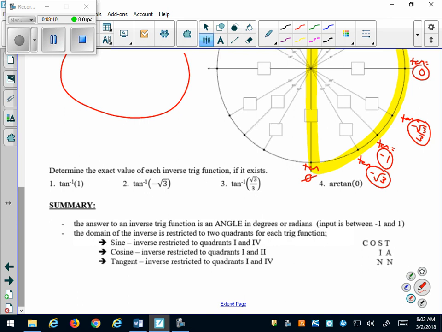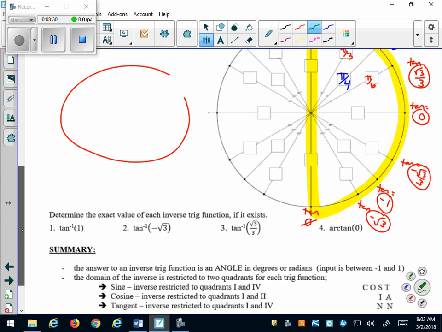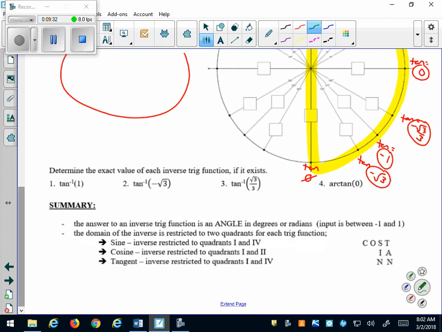So it probably looked like this when you did the multiplication. Sine over cosine, the sine is going to be negative root 3 over 2, and the cosine is going to be 1/2. Okay, so why don't you fill in those 4, and we'll double check, make sure we all have the same thing.